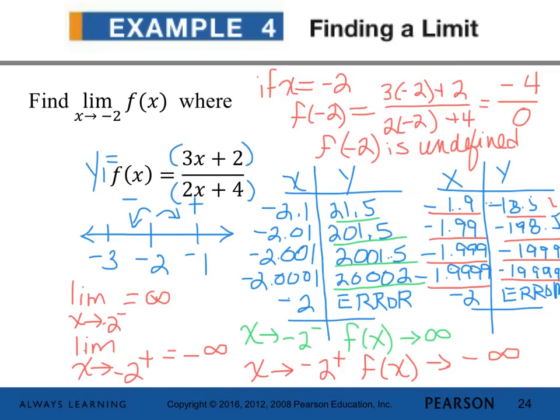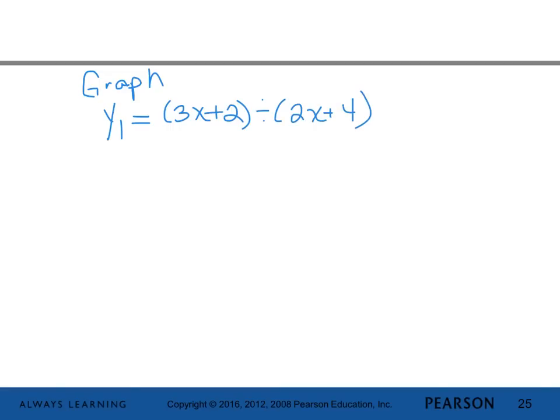So then we might wonder in this case, what does it look like? Well, if you actually draw the graph of 3x plus 2 divided by 2x plus 4, if you remember from 1630, this is a rational function.